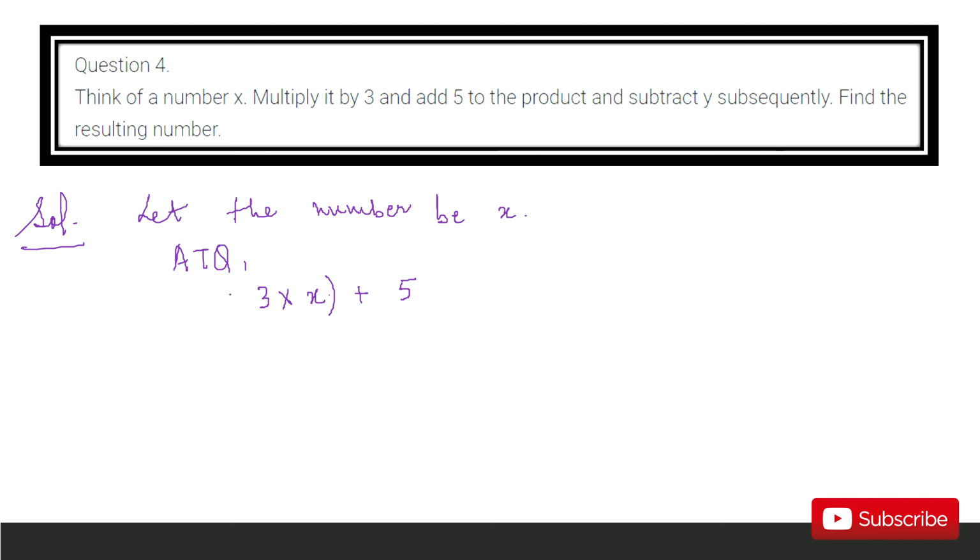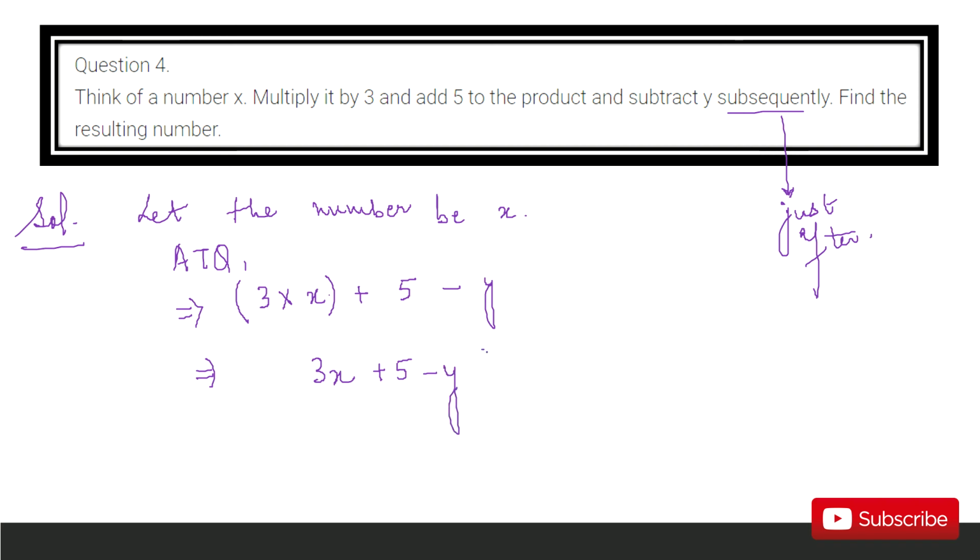Product means 3 multiplied by x, 5 plus the product, and subtract y subsequently. Now subsequently means just after. Generally it is saying from, but here it is saying y subsequently. So what my algebraic expression has become is 3x plus 5 minus y. So this is my final answer.